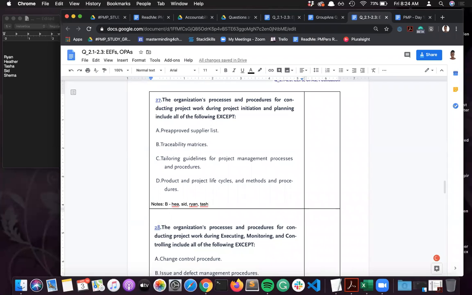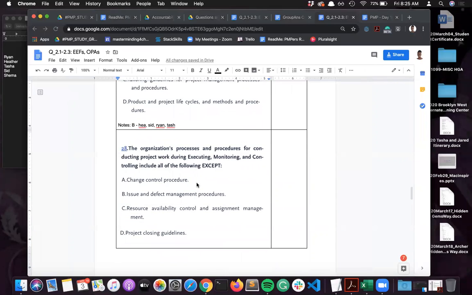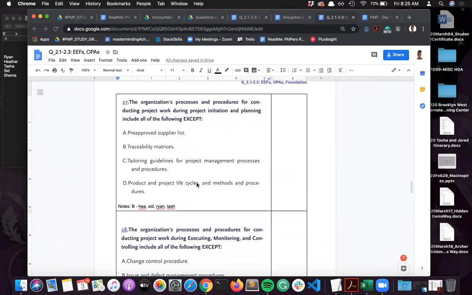Okay, so let's see what B is. So traceability matrices are those, right? You basically have your connection between your actual deliverables and where they exactly originated. It's something like that. My guess is as good as your guess. We need to note this, that we need to actually try to figure that out. No, because traceability matrix in itself is a generic term.